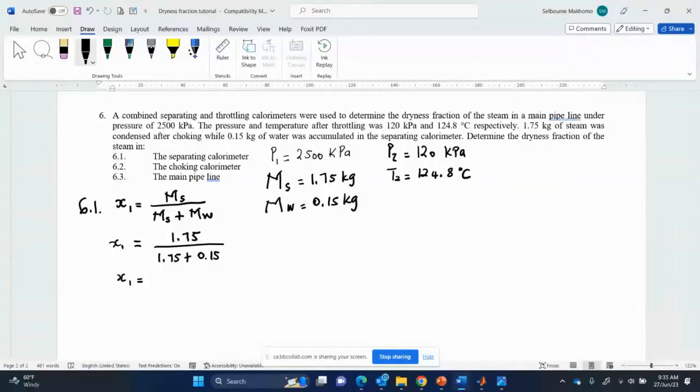So please, let's have our answers to 3 decimal places. 0.921. It is not 0.92. Let's try to have 3 decimal places. So this is our X1. Perfect. Very easy. 2 marks or 1 mark.